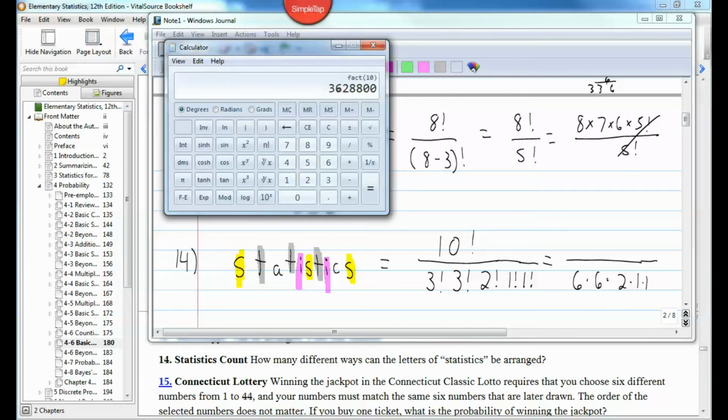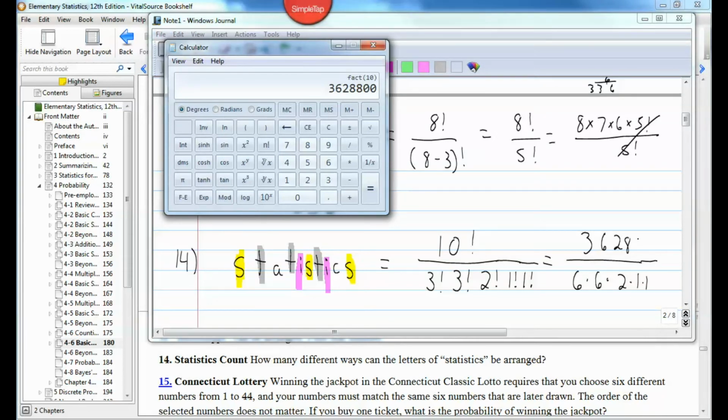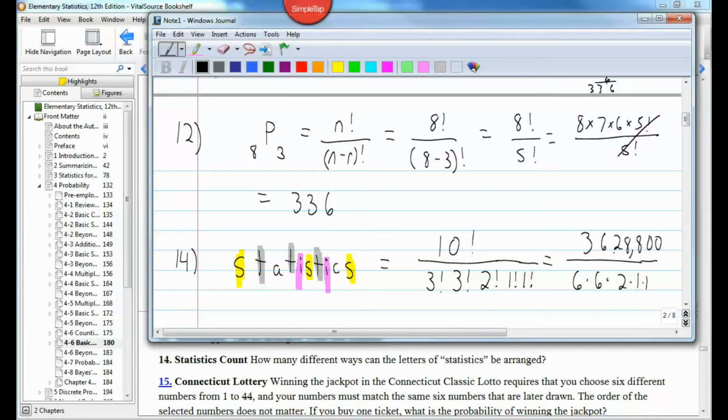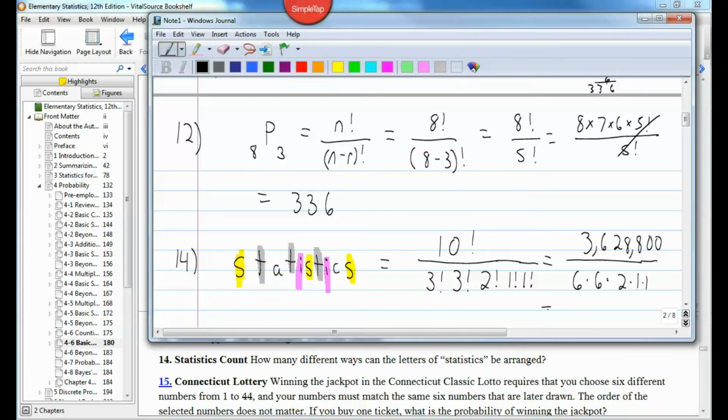That's 3,628,800. The bottom is 36 times 2, that's 72. So we need to take this number and divide by 72. That gives 50,400. So there are 50,400 ways to arrange the letters in statistics.